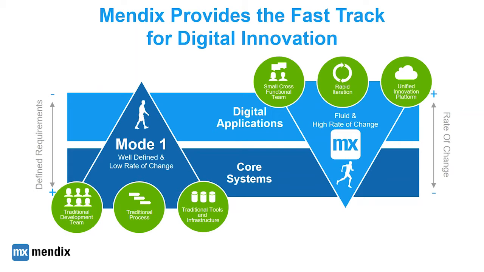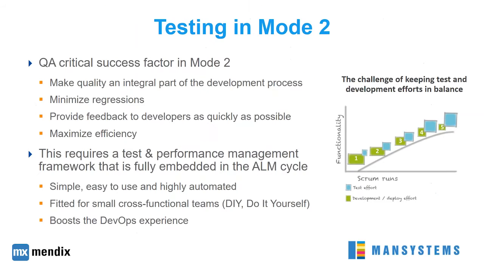We typically say that Mendix fits best within a mode 2 type of organization, where you have small cross-functional teams, business and IT, working very closely together, delivering applications in very rapid iterations, and of course leveraging the Mendix platform to deliver those applications.